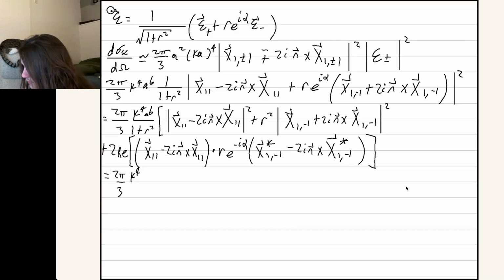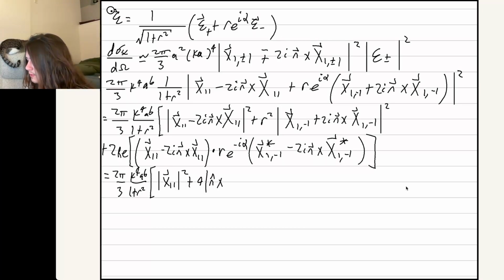So I'm going to expand square moduli again. We're going to have an X11 squared, and then we're going to have 4 times the square modulus of the cross product of n with X11.